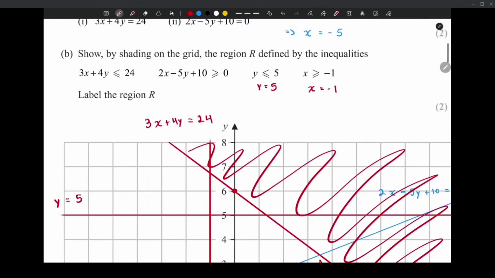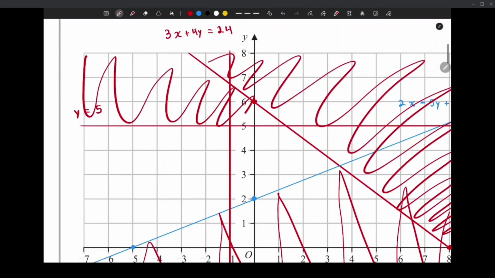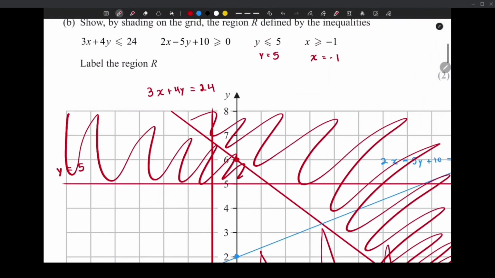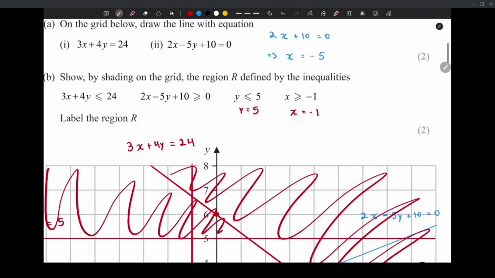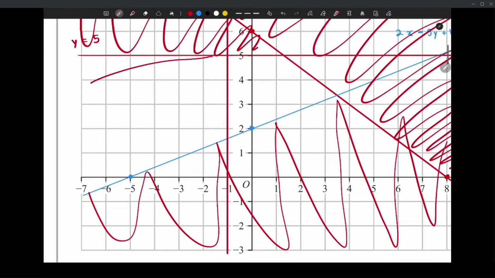And the region is below this line because there's a less than sign. So this part will be ignored. And the region is to the right hand side of this line because there's a greater than sign. So we can say that this part will be ignored.